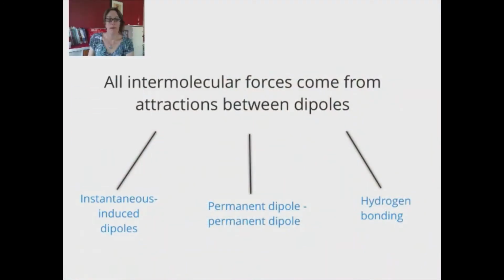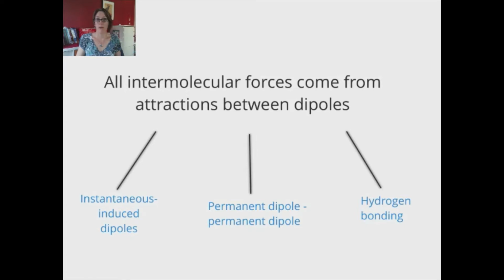Okay, so the first thing to get into our head is that intermolecular forces, although they are weaker than the traditional types of bonding, like ionic and covalent and metallic, are still essentially electrostatic attractions.